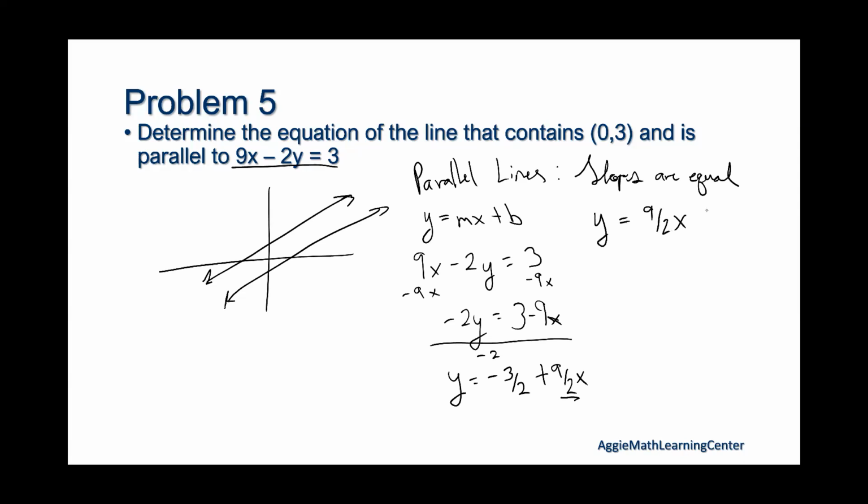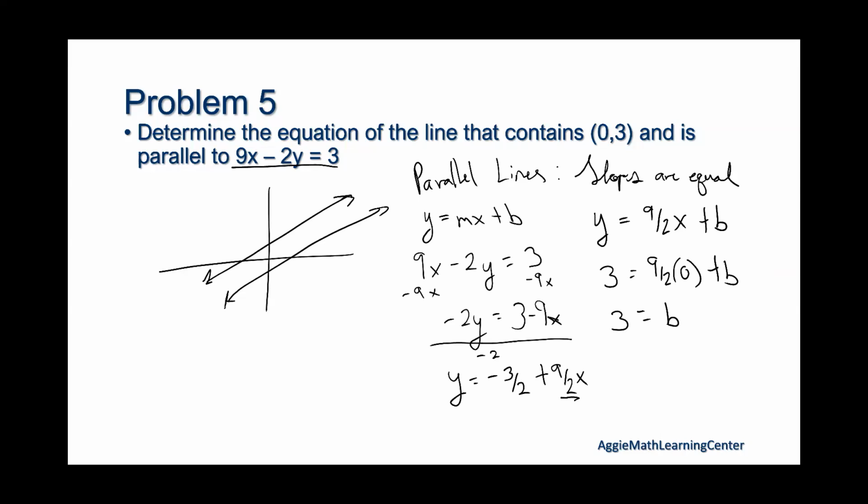So we get as far as y equals 9/2 x plus b. And then we're also told that this line contains the point (0, 3). So now we can once again plug in the x and y values to solve for our b. So if we do that, we get 3 equals 9/2 times 0 plus b, which tells us that 3 equals b.